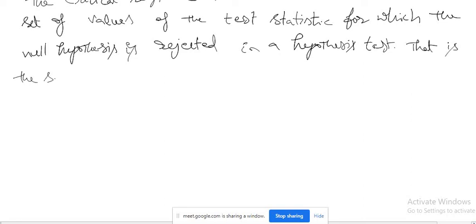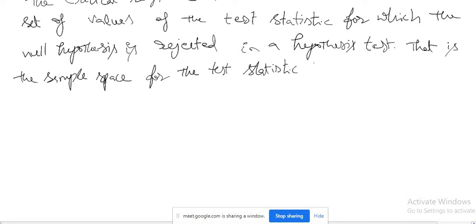That is, the sample space for the test statistic is partitioned into two regions.